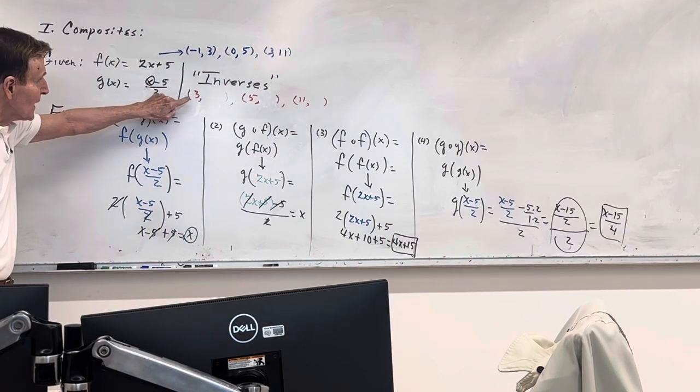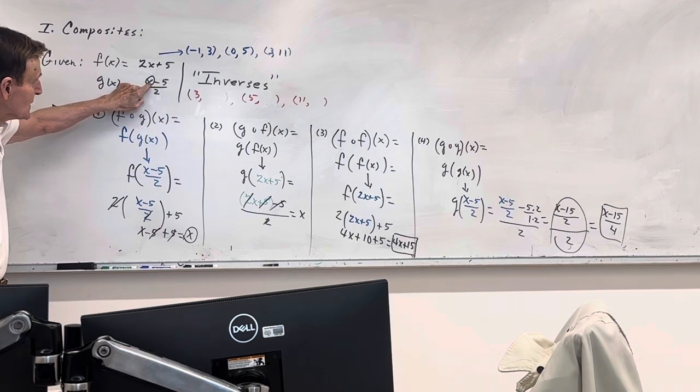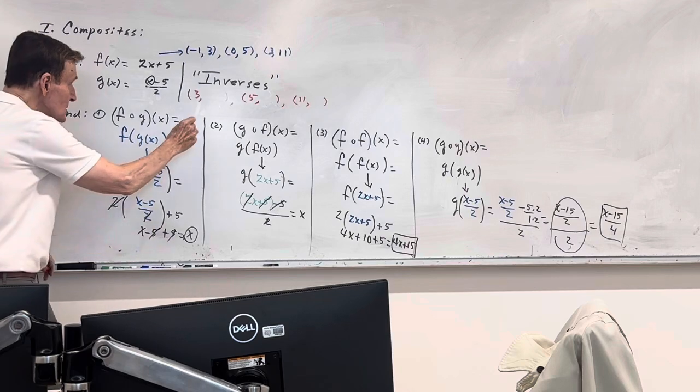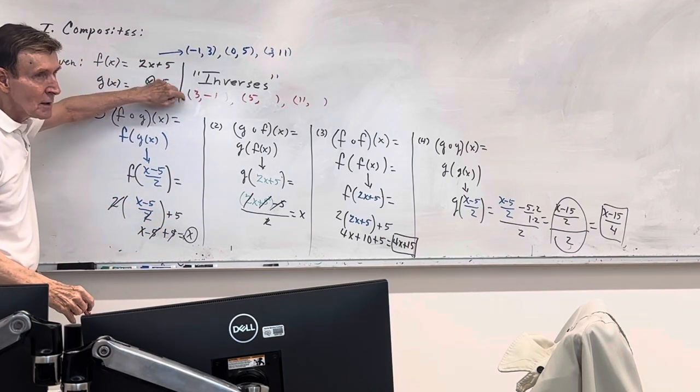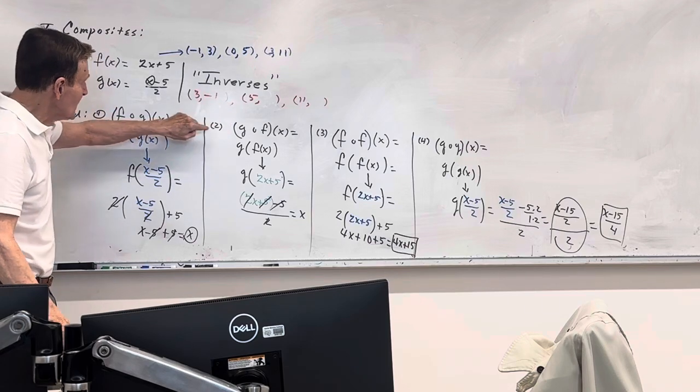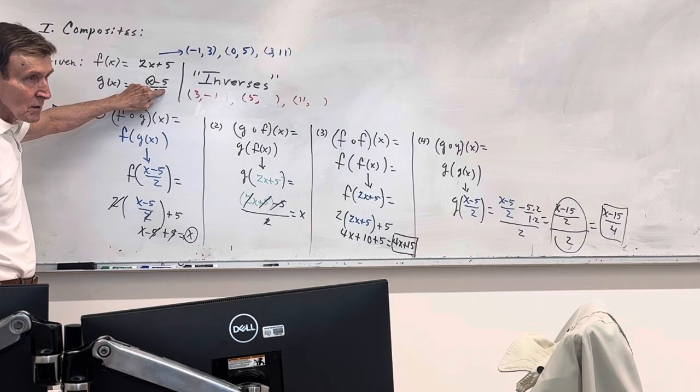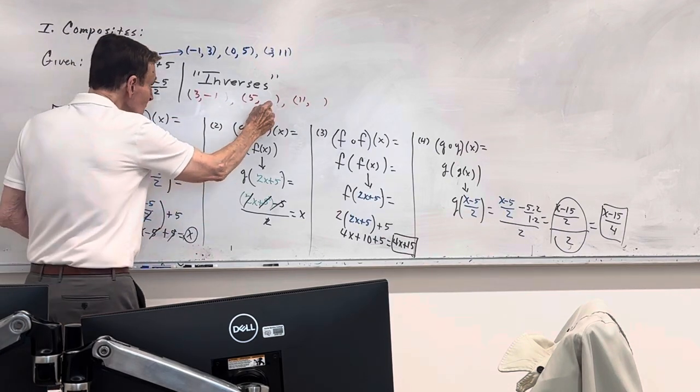If I put a 3 in there, guys, please help me out. What will you get? 3 subtract 5 is what? -2? And -2 divided by 2 is? Put a 5 in there. 5 subtract 5 gives me what? 0? 0 divided by 2 is 0.